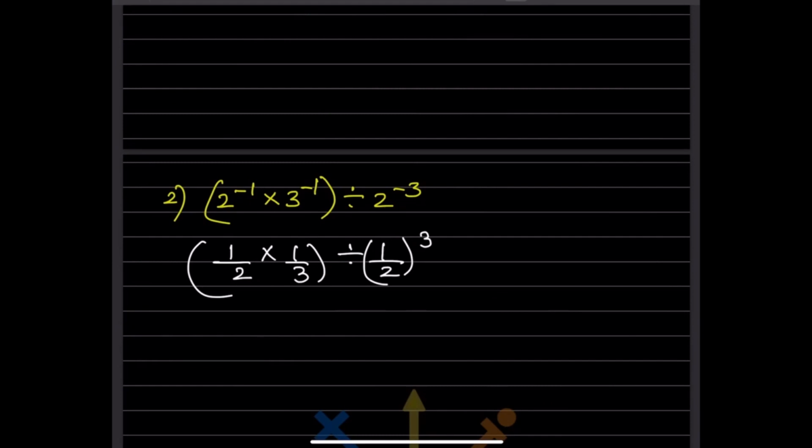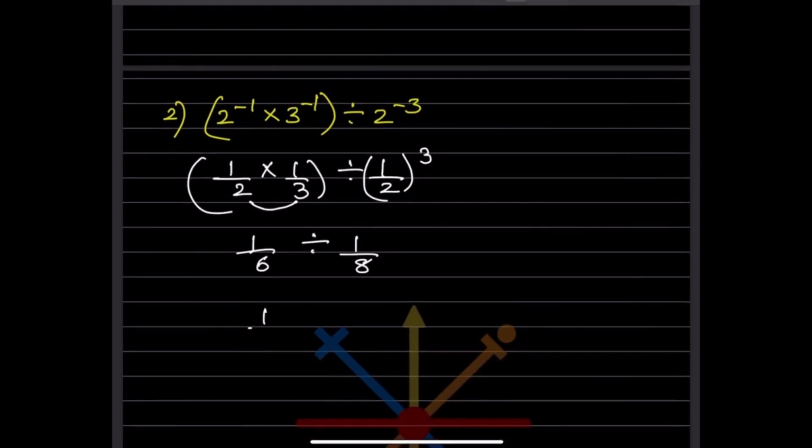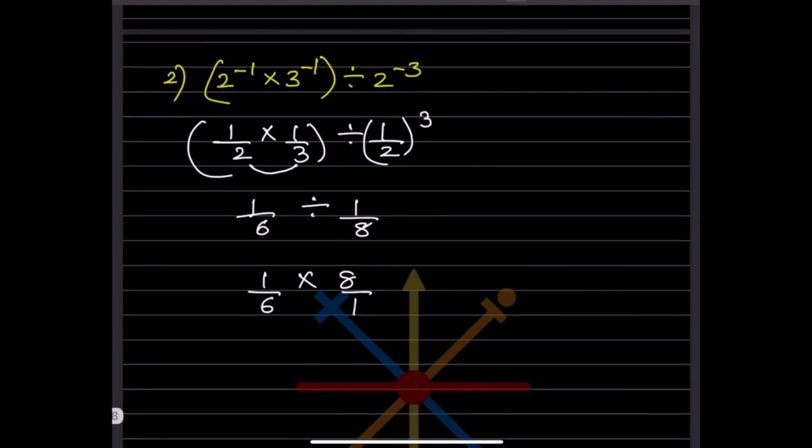So now what you can write for this one, because this is multiplication, so you will write 1 by 6 divided by, now see here 1 raised to 3 and this 2 raised to 3, that is going to be 1 by 2 raised to 3, which means 1 by 8. So now because this is division, we can make it multiplication, so the right hand side will be 8 by 1. So now we can simplify this one, 2 3s are 6 and 2 4s are 8, that is going to be 4 by 3.